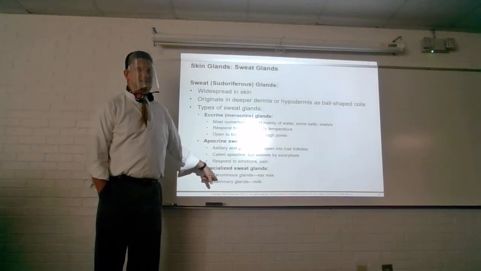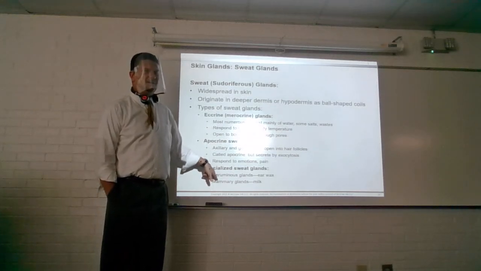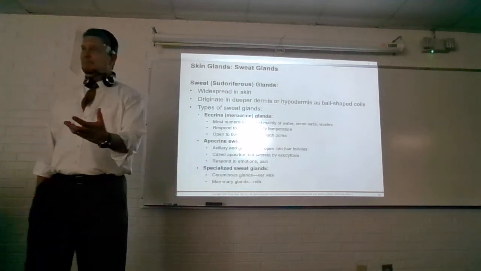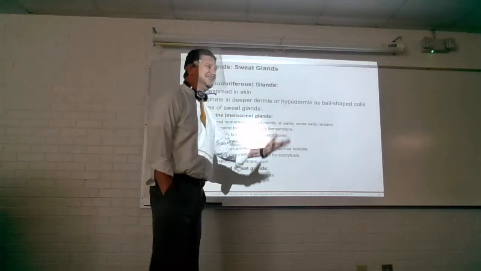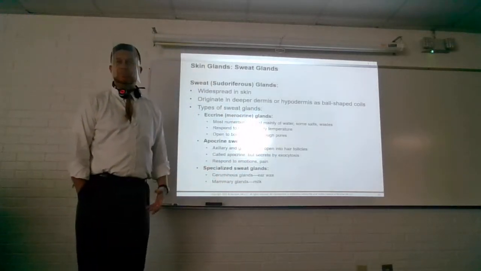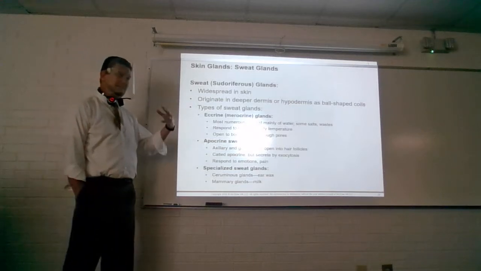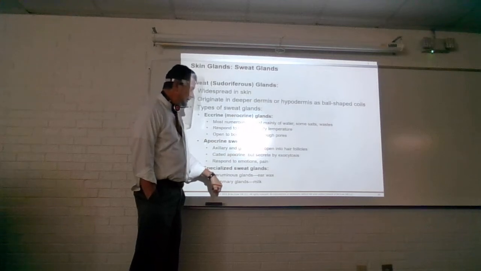Ceruminous, which I think I got that right, because once I say it wrong, it's stuck in my head. This is earwax. These are in your ear. You've got modified sweat glands that produce a very thick, waxy-like substance that's designed to protect your ear. It actually does protect things from trying to get in your ear, and things do.